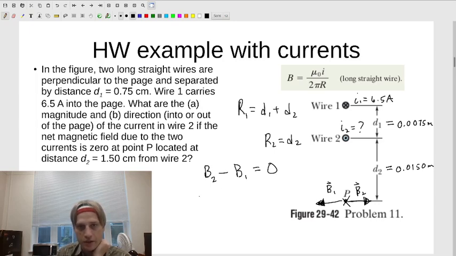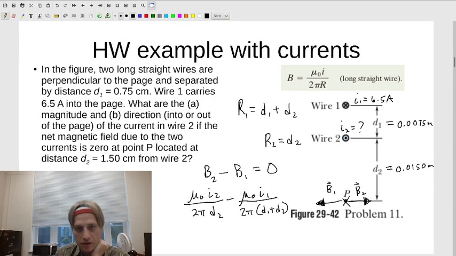So in this case, B2 would be mu naught times I2 over 2 pi, and then our R2 would be just this D2, minus, and then for our B1, it would have to be mu naught I1 over 2 pi times D1 plus D2, equals 0.